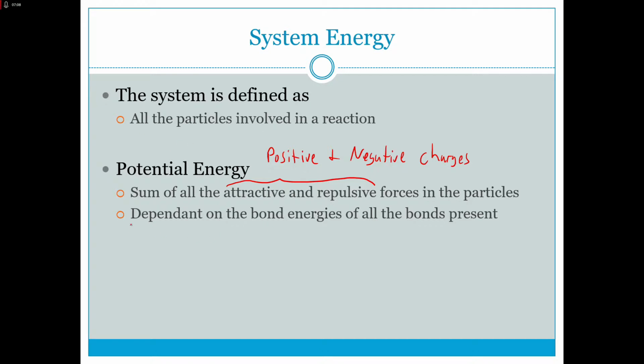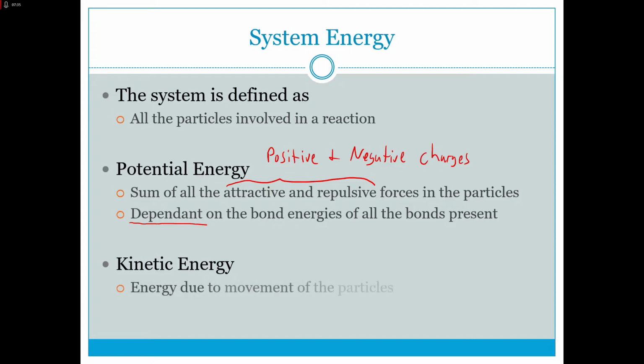And this potential energy then leads into the bond energy. So the potential energy is heavily dependent on the bond energies of all the bonds present. If you have a lot of bonds, the potential energy tends to be a lot higher. Fewer bonds, potential energy tends to be a lot smaller, simply because there are fewer particles involved, so fewer positive and negative charges. The kinetic energy is simply due to the movement of the particles.